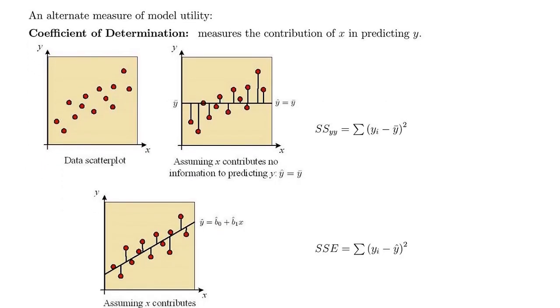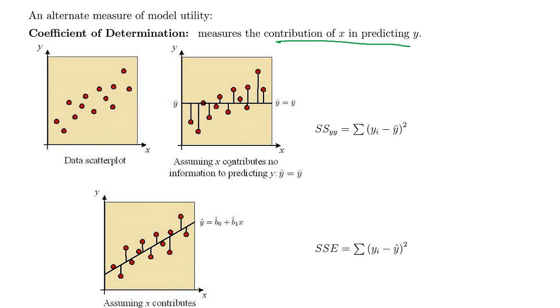Now, another alternate measure of model utility is something called the coefficient of determination. This measures the contribution of X in predicting Y. So let's say we've got a data scatter plot that looks like this.